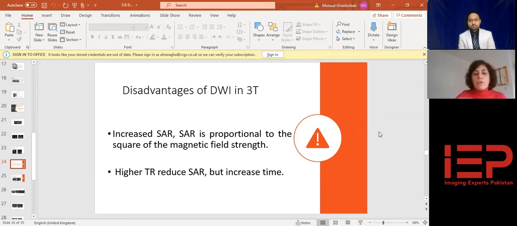And because you can use the higher factor, you can make the images faster. And as you make the images faster, obviously you can reduce SAR. So in theory, the SAR is higher in 3T, but there are other factors that can contribute, and in general you can still keep the SAR reasonable. So this is one thing.